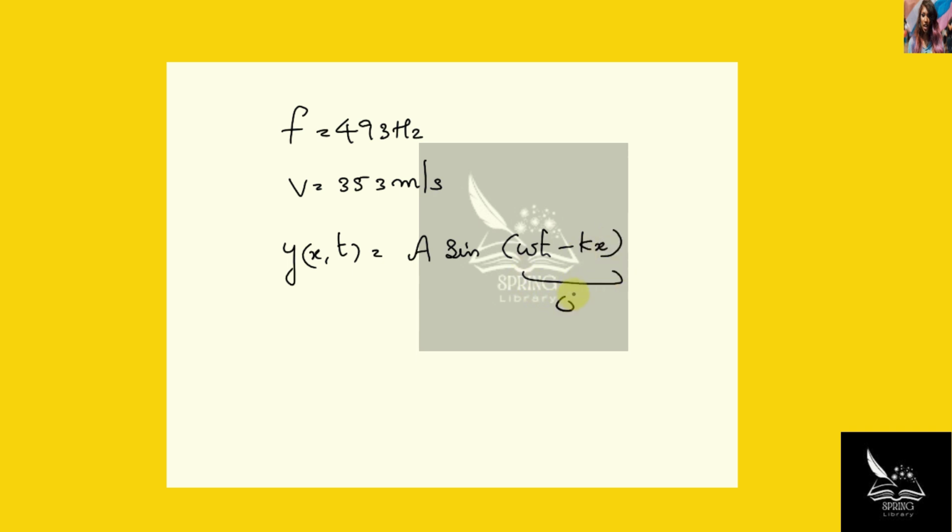Here this value is the phase of the wave. Thus we can write the phase difference as delta phi is equal to omega delta t minus k delta x.